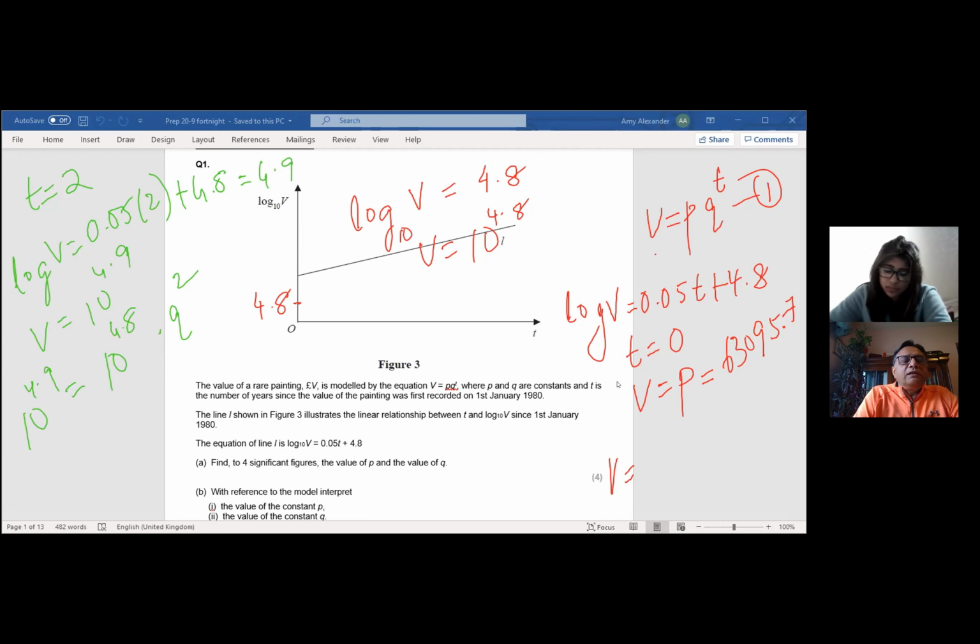Then we can find the value of Q: 10 to the power of 4.9 over 10 to the power of 4.8 equals Q squared. So 4.9 minus 4.8 gives 10 to the power of 0.1, and the square root of this will be Q.